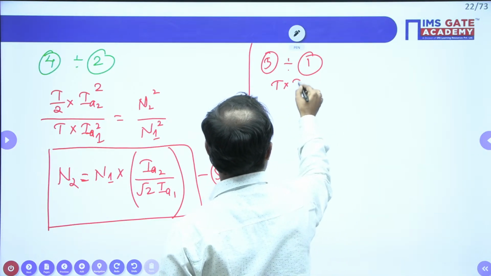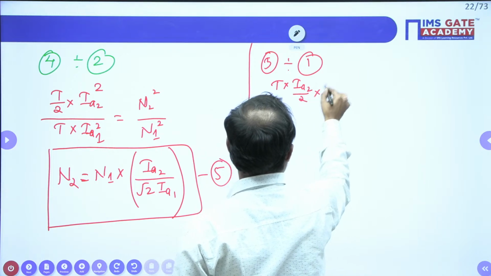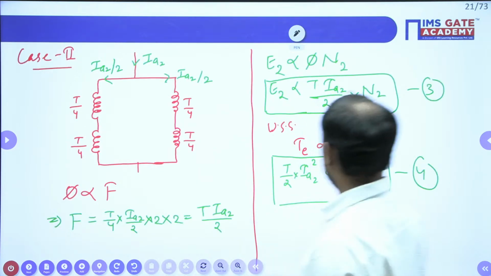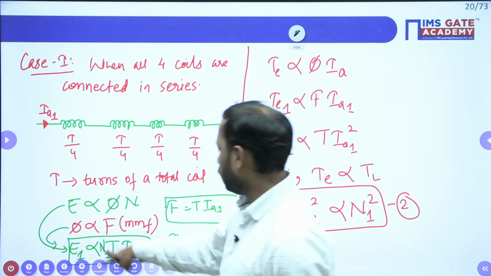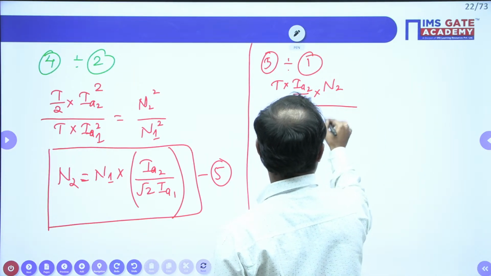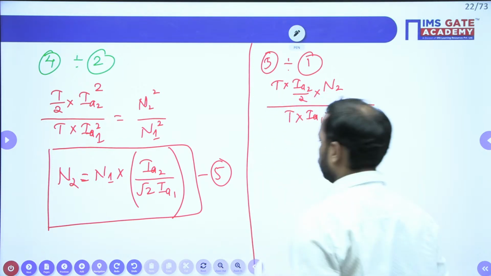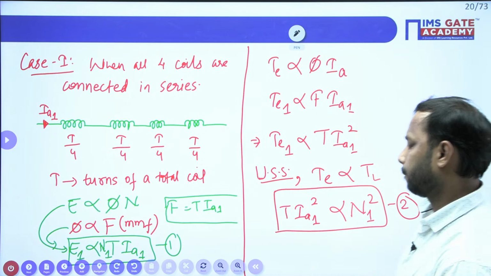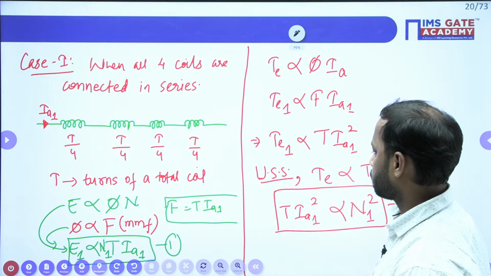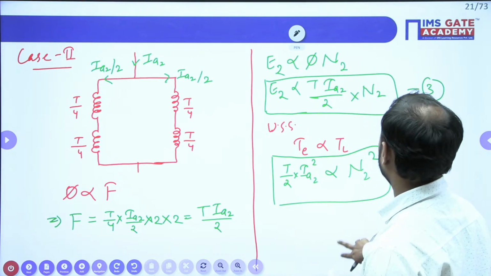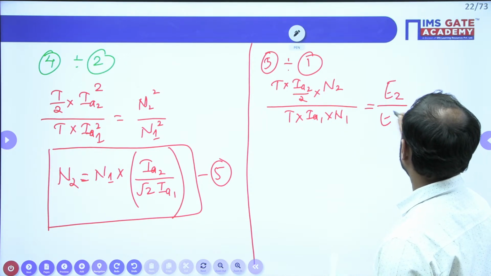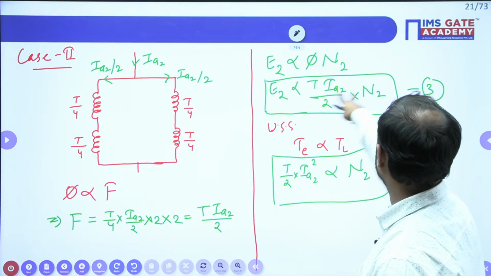T Ia2 by 2 into N2, whole divided by T into, what is equation 1? T N1 Ia1. This is equal to E2 over E1.